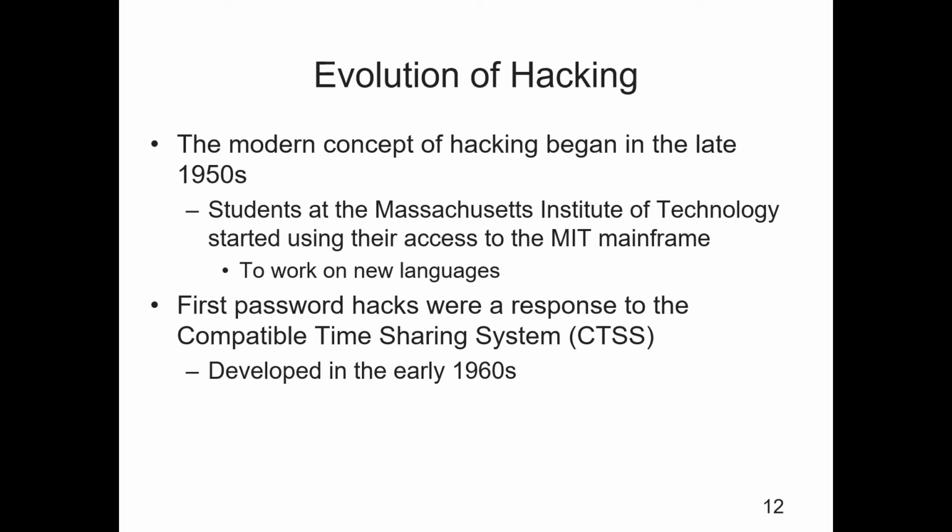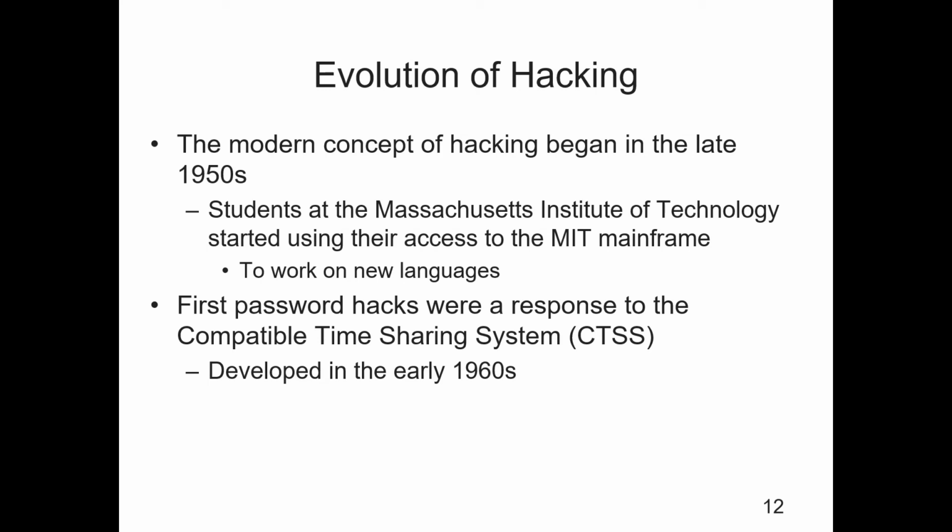Now, the evolution of hacking. The modern concept of hacking began in the late 1950s, when we started seeing new technologies coming. Students at the Massachusetts Institute of Technology started using their access to the MIT mainframe to work on new languages. Mainframe computers were the main data centers, one big huge computer equal to the size of a room, computing and processing lots of things.